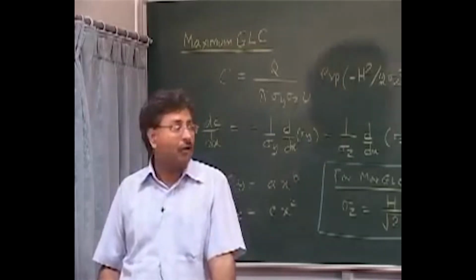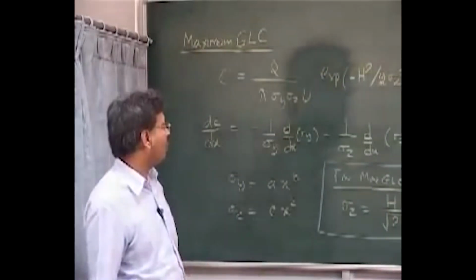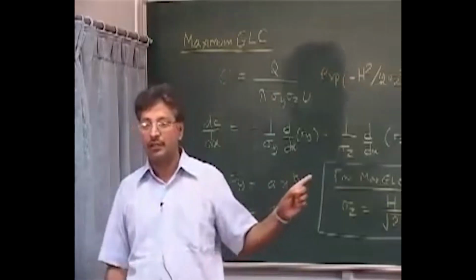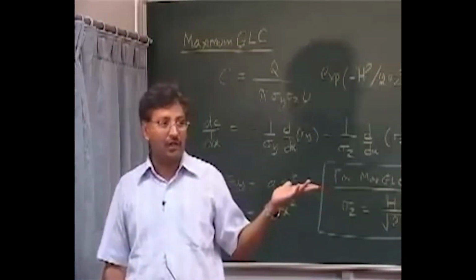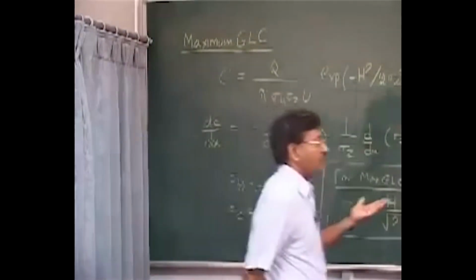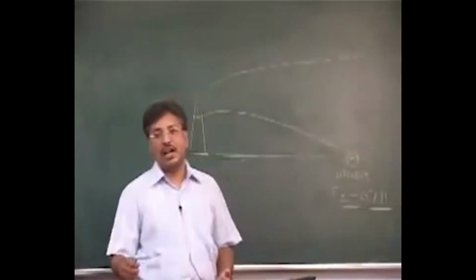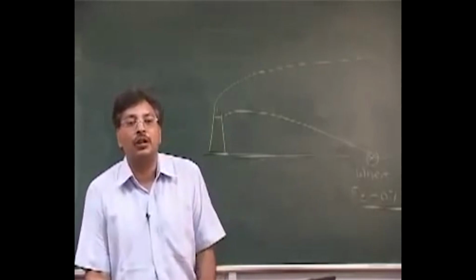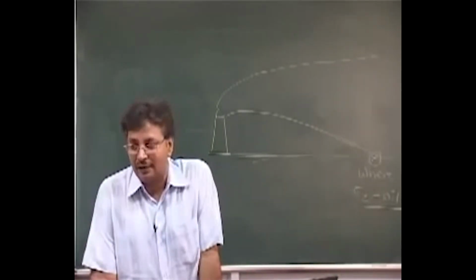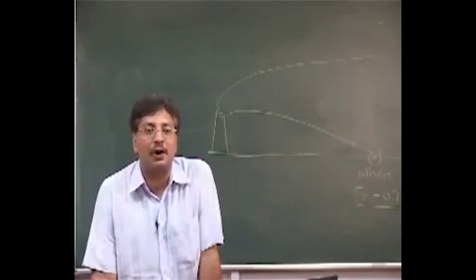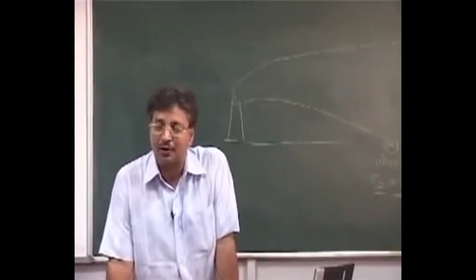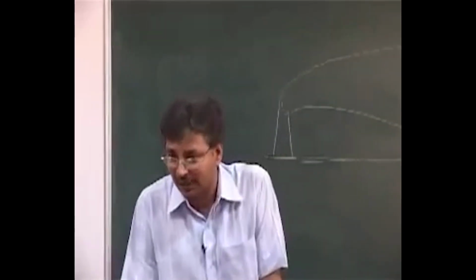Initially, what do we know? We know the sigma Z now, right? Sigma Z is very simple. H we have estimated, now we know the sigma Z, and as has been suggested, we go to the Turner graphs for sigma Y and sigma Z. Not sigma Y, first we go to the sigma Z graph.